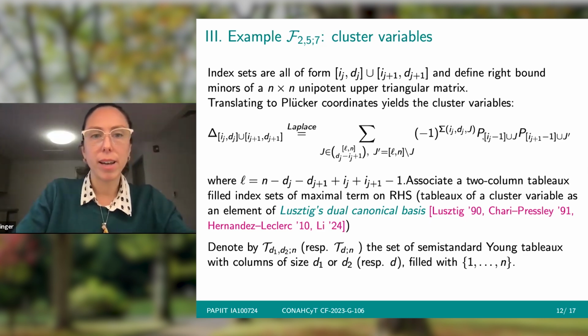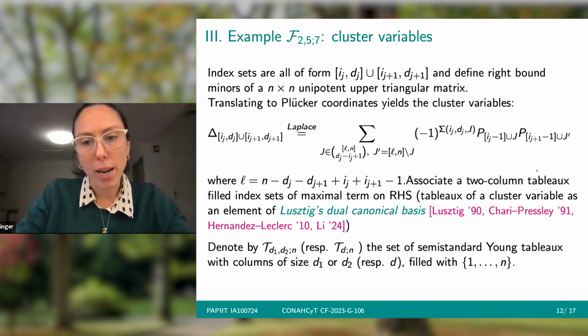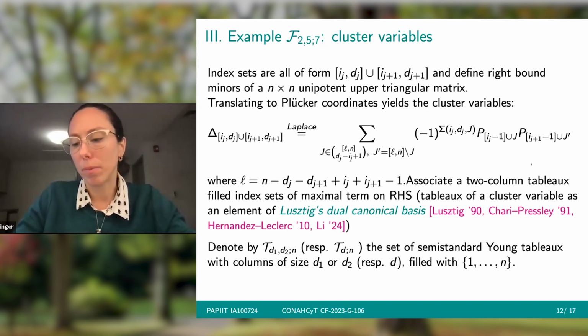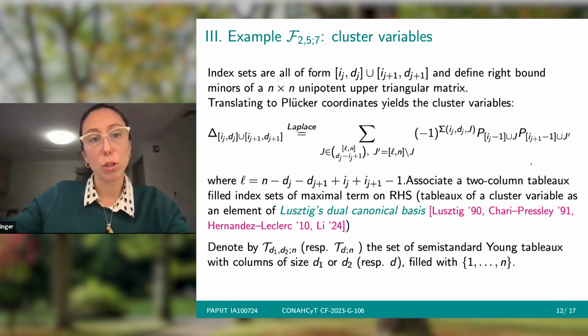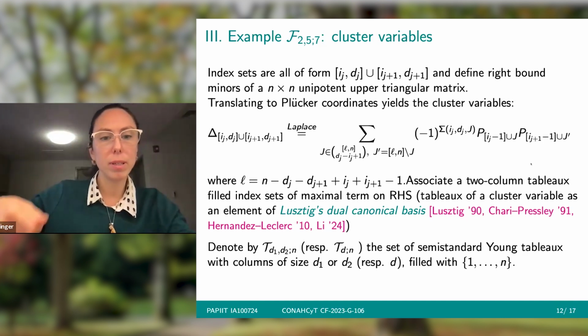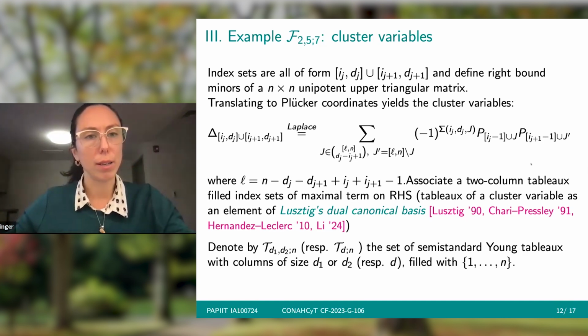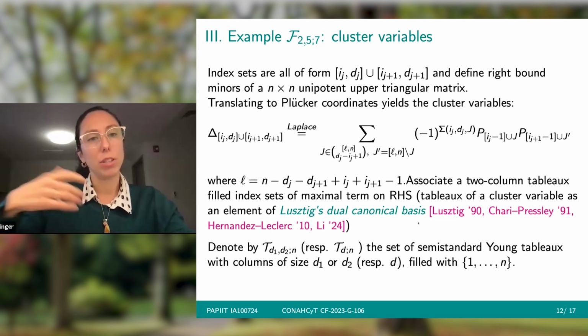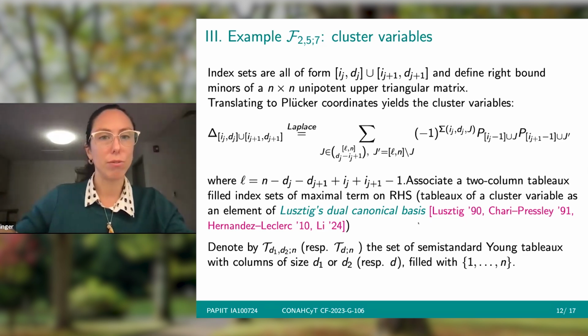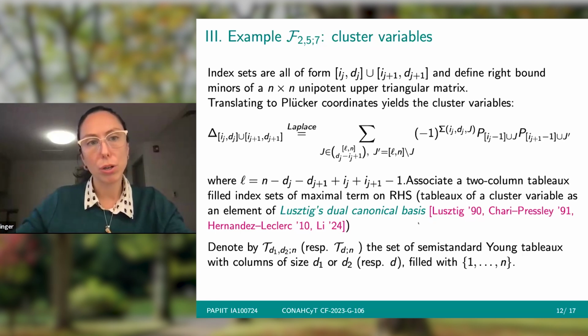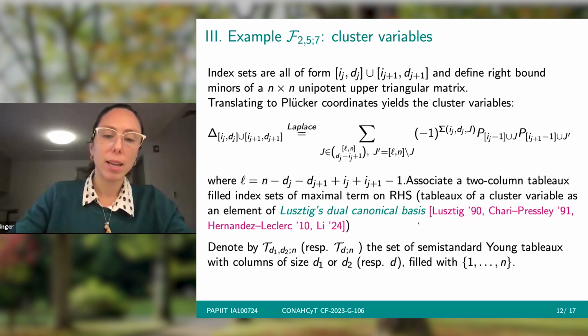And it turns out, in fact, that if I do this with my cluster variables, the tableau I get is in fact the tableau that corresponds to this cluster variable as an element of the Lusztig–Stuhl canonical basis. And there's a character formula for how to recover the whole expression of the cluster variable in terms of Plückers, given the tableau.